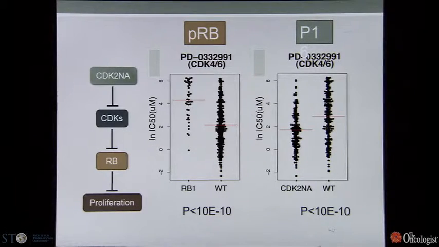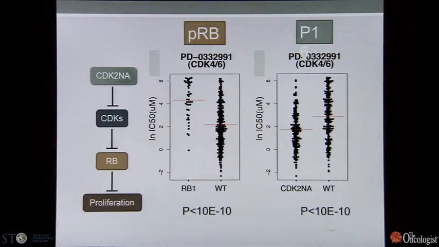Some of them are very well described, although not necessarily acted upon in the clinic, such as, for example, the relationship between P16, which has been a little bit scrambled there, and RB, an inhibitor of the cell cycle, in this case, a CDK4/6 inhibitor, where you get the expected relationship between mutation and sensitivity to a given inhibitor.